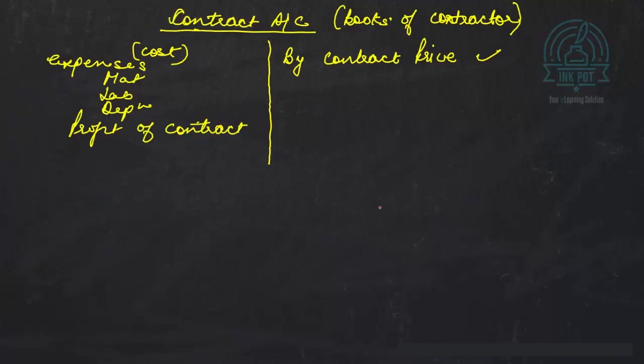But this happens only when the contract is fully complete, and this profit is transferred to the profit and loss account further. But what if the contract is not fully complete? Then we say that this contract is an incomplete contract. For example, say we close the books of account on 31st March. There may be certain contracts which are not complete as on 31st March.